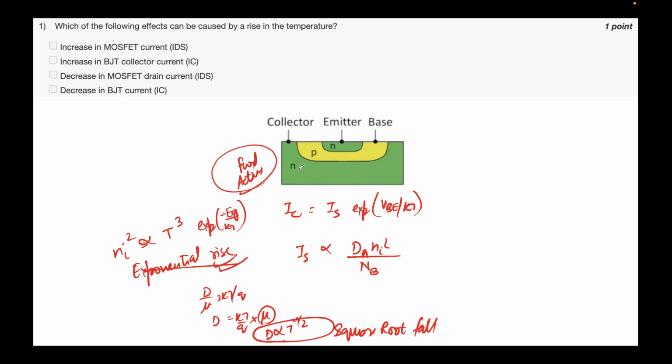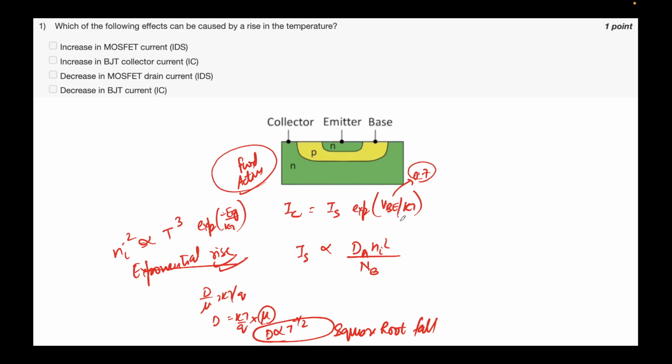Mind you, I'm not taking into account the kT term over here. In fact, that will also play a role, but here the T cube is there itself. Essentially it will be VBE minus Eg over kT, and VBE we have typically seen comes out to be around 0.7 volts, but Eg is 1.1 or 1.2 for silicon.